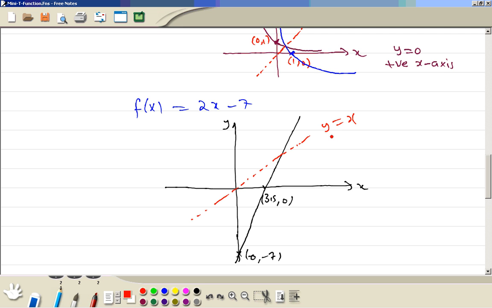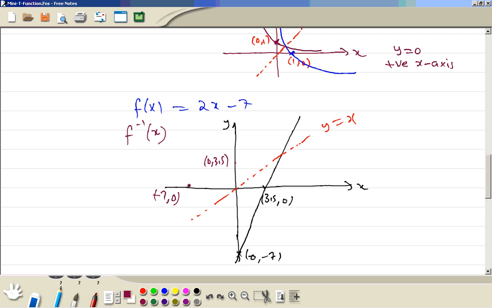For the inverse, these coordinates are going to swap. (3.5, 0) then becomes (0, 3.5), and (0, minus 7) becomes (minus 7, 0).